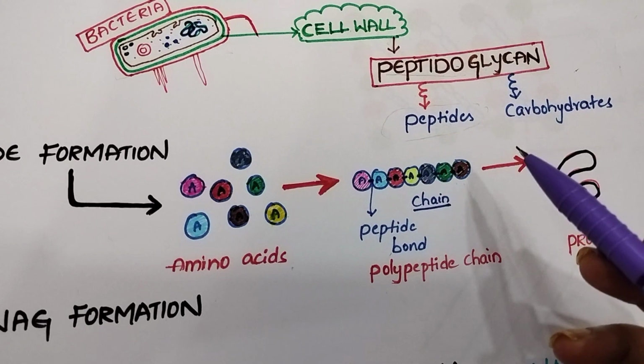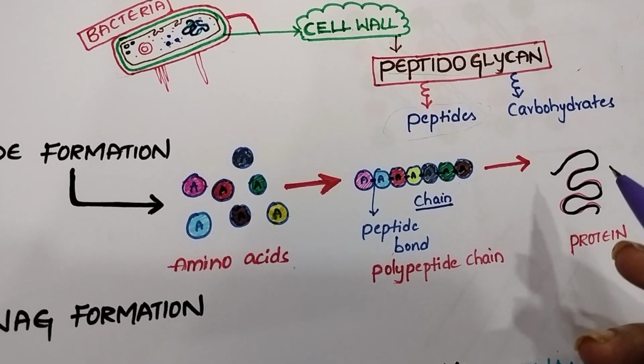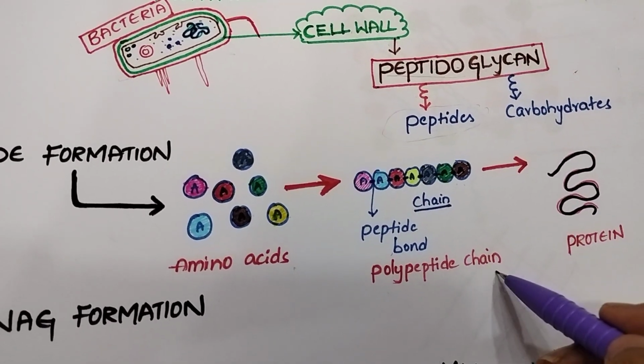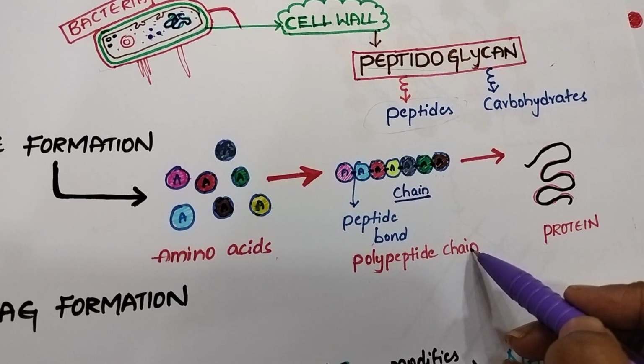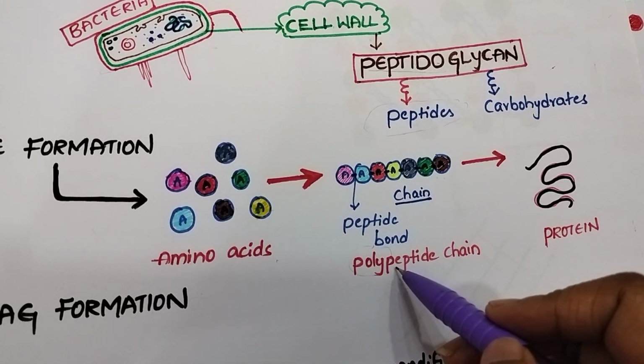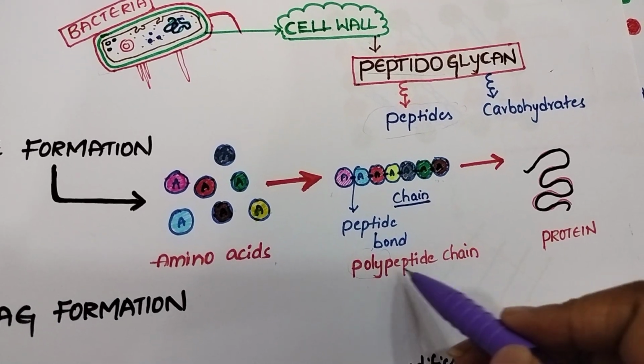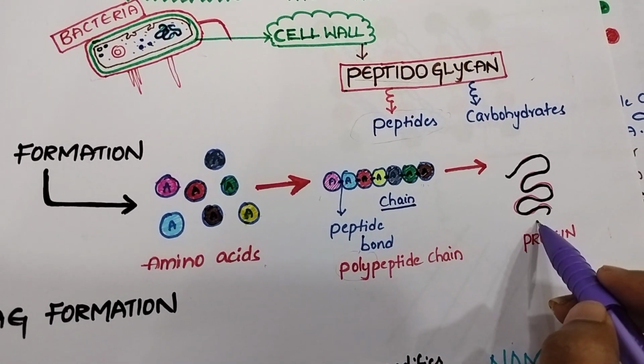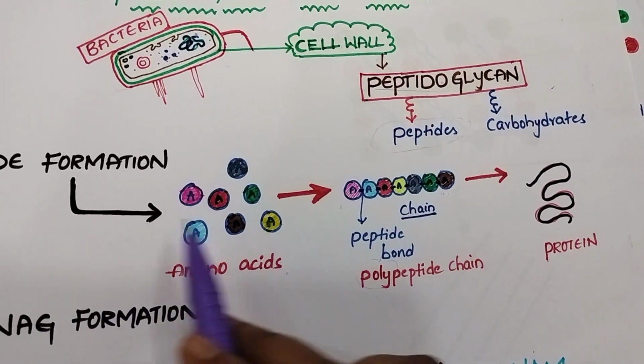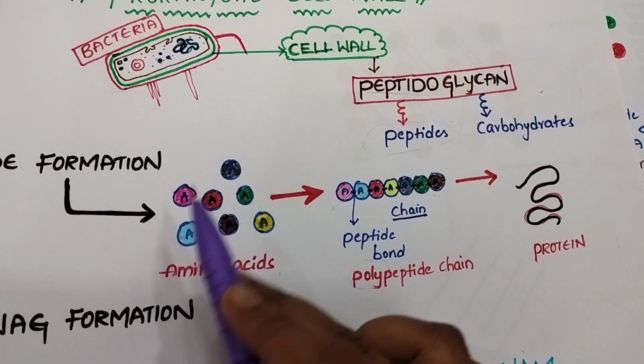When one or two of these peptide chains combine, they form a polypeptide chain. Poly means many, and peptide chain means a chain like this. This polypeptide chain in turn forms a protein. This is how the entire protein comes from the basic amino acids.